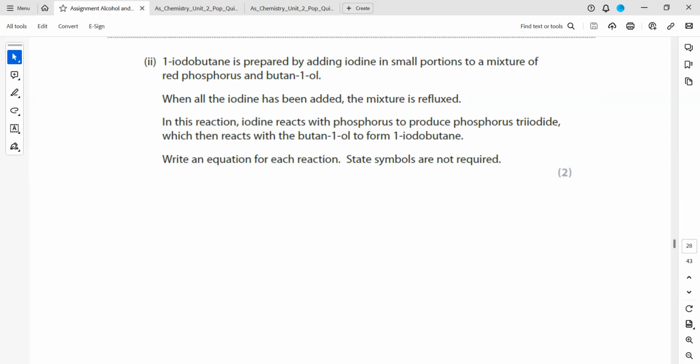So first, the iodine reacted with phosphorus. It will form phosphorus triiodide. The equation must be balanced. So first the phosphorus is reacting with iodine and it will form phosphorus triiodide.